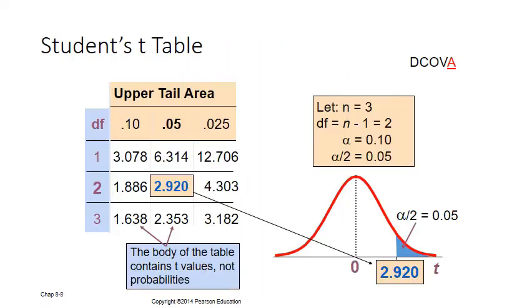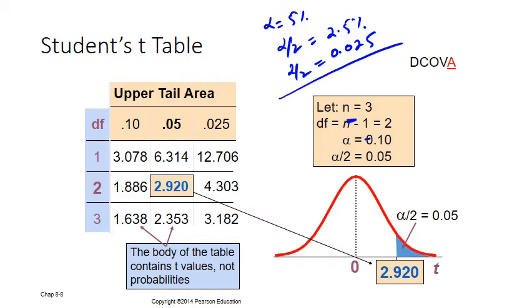Here you can see how we find the value in the table. For example, if alpha is 5%, then alpha by 2 will become 2.5%, which is 0.025. So alpha by 2 is 0.025, and let's say the sample size is 25, then degrees of freedom will become 25 minus 1, which is 24.